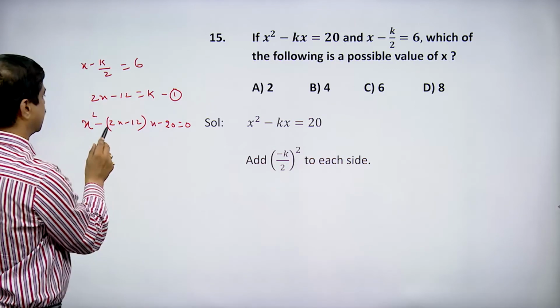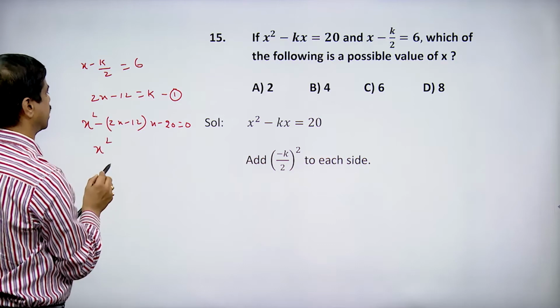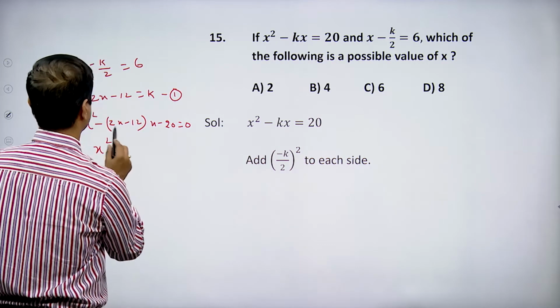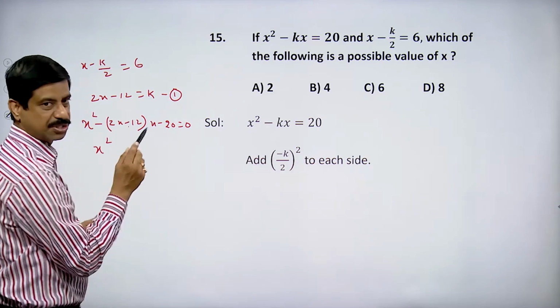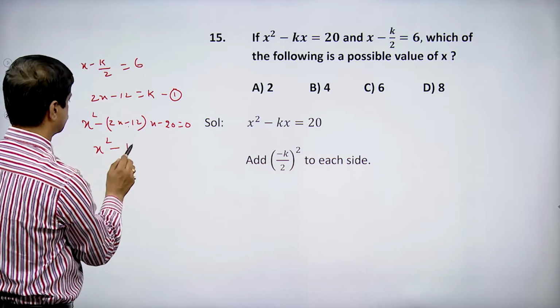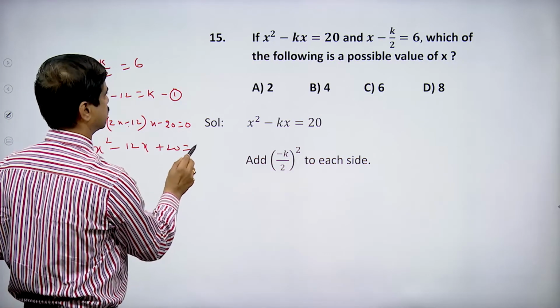Expand it. x square minus 2x square is minus x square. Take that to the right, you will get plus x square. Now the x term. You will be getting minus into minus plus 12. Plus 12 into x is plus 12x. Take it to the right, you will get minus 12x. Minus 20 is there, take it to the right, you get plus 20 is 0.